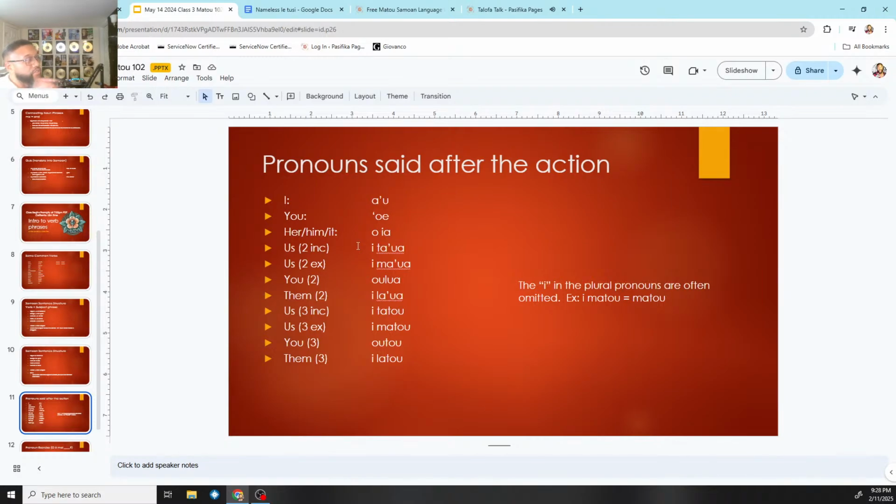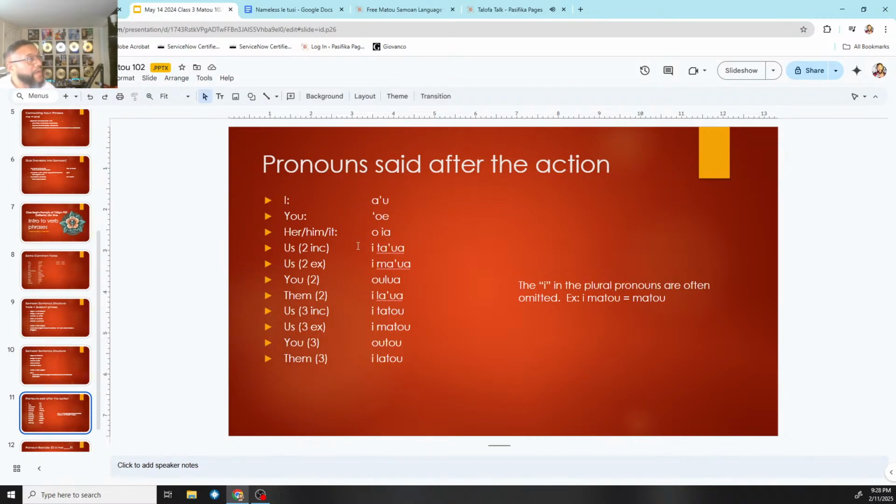Olua is you two, the both of you. And then the both of them is going to be ila'ua, right? And in Samoan, we also have three or more people. So itato is all of us, everybody. At church, when they do the lotu, they say tatou to pray, all of us, everybody under my breath is going to pray. Nobody is excluded.